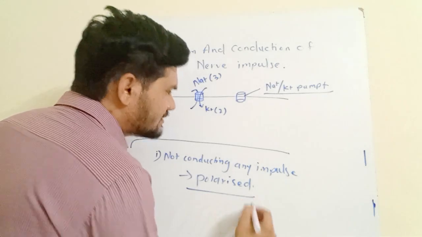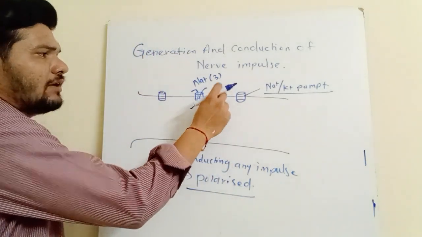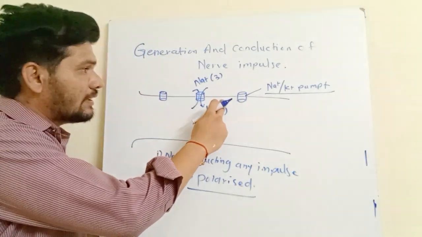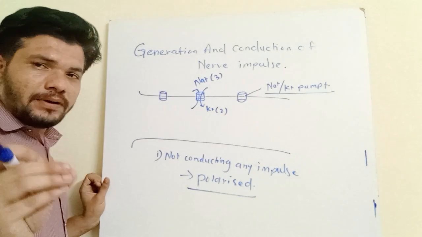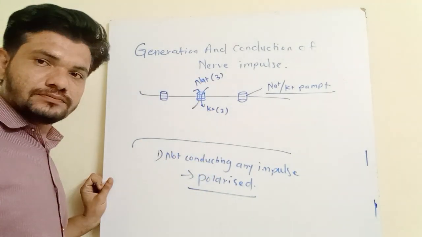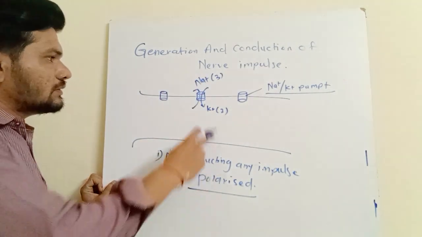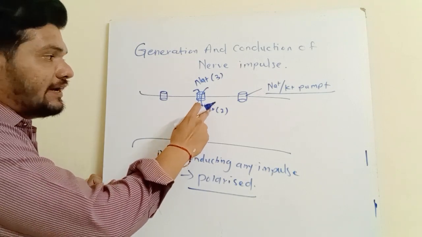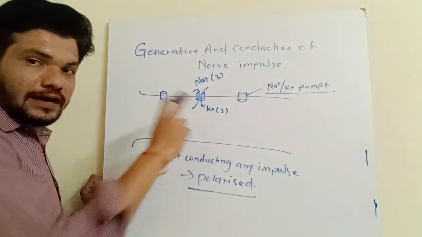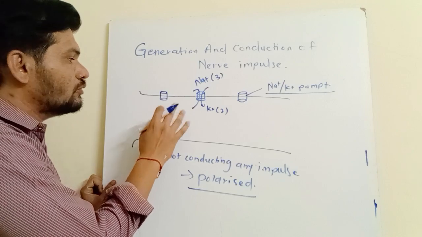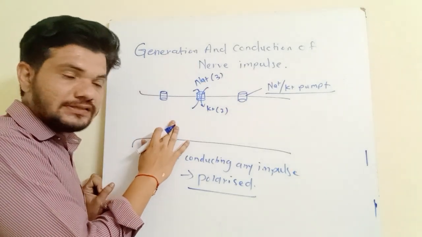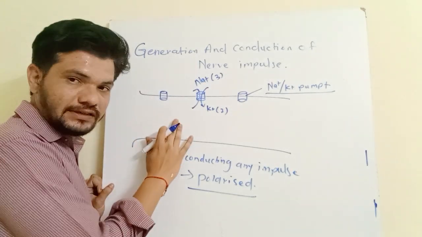So when it is in polarized state, this membrane of the axon is almost impermeable to Na plus, but it is permeable to K plus, as well as it is impermeable to negatively charged proteins inside the axoplasm.